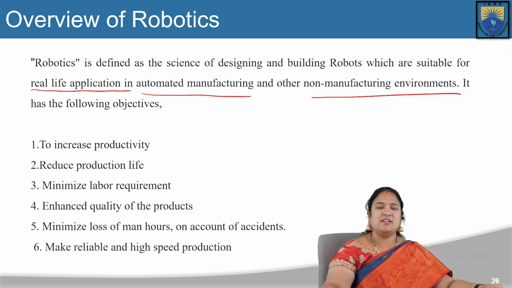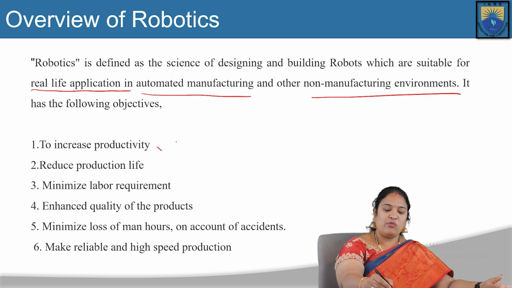That is, robotics is the science of designing and building a robot which makes human life easier, whether it is in an automated manufacturing or a non-automated manufacturing environment, which makes real life applications easier and which makes human life happy. So that is all about robotics, where we are manufacturing a robot to make things easy nowadays.